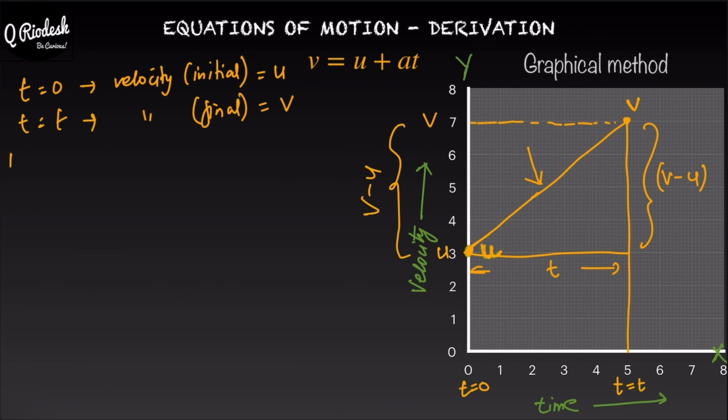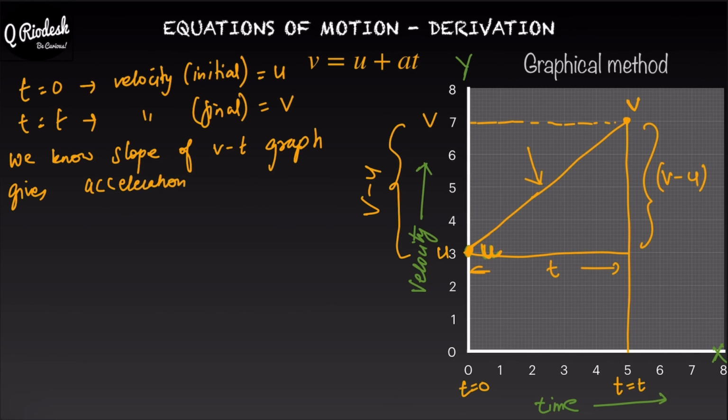So let's write here. We know the slope of the v-t graph gives acceleration. That is, a is equal to the slope of this line.